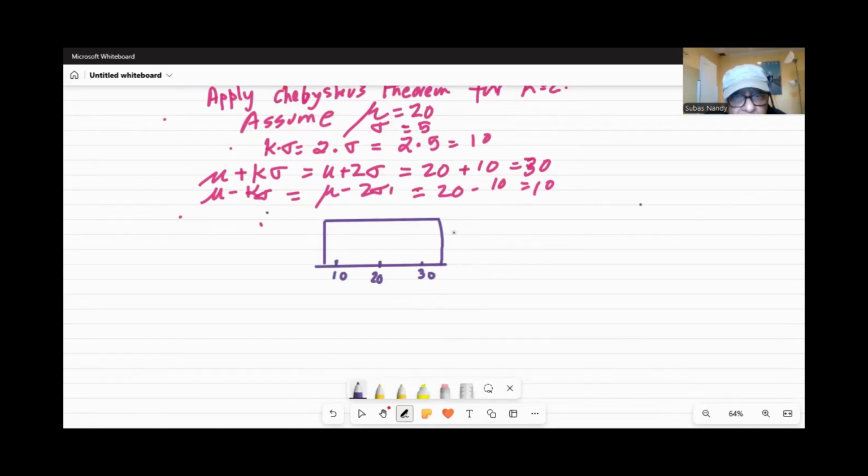So this is a uniform probability distribution. Mean is 20, sigma is 5, and k is 2. So let's draw 2 vertical lines at 10 and 30.